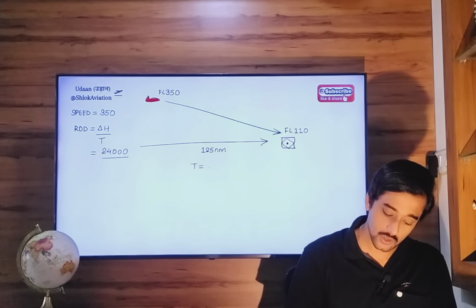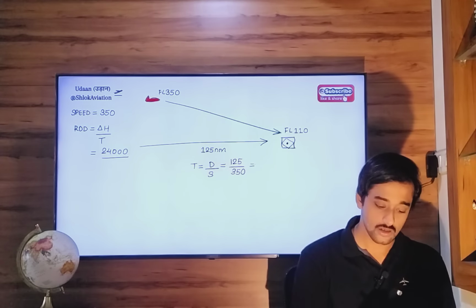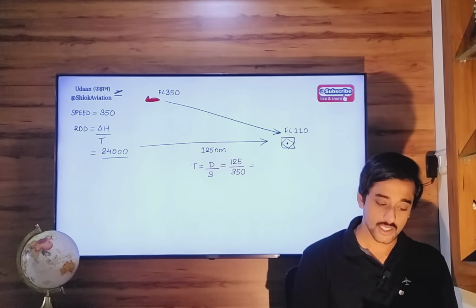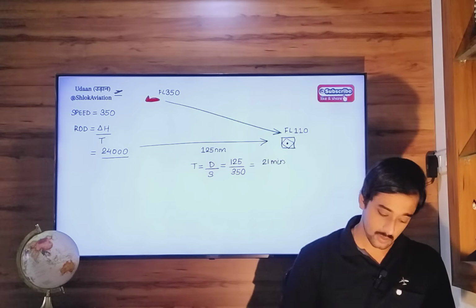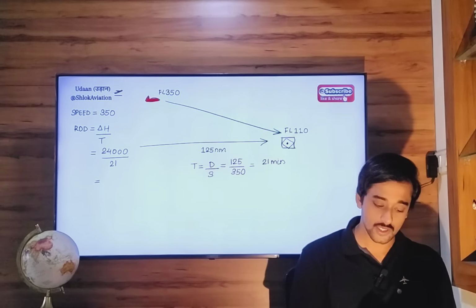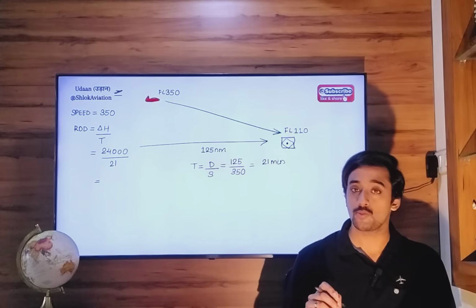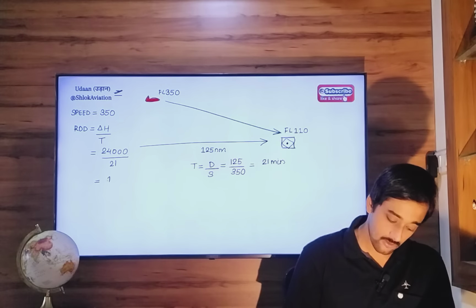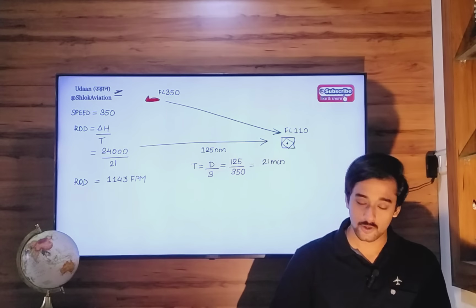So time equals distance divided by speed. So 125 miles divided by 350 knots is equal to 21 minutes. So next, 24,000 divided by 21 is 1142.8, so approximately 1143 feet per minute. So select that option which is closest to this value.